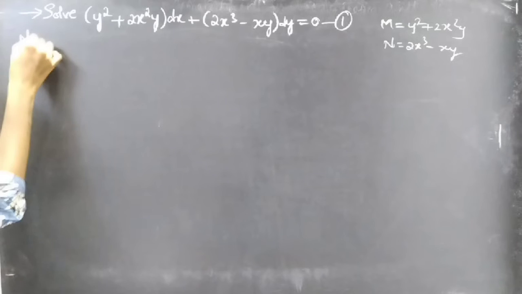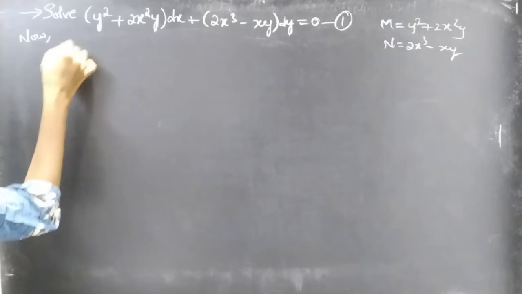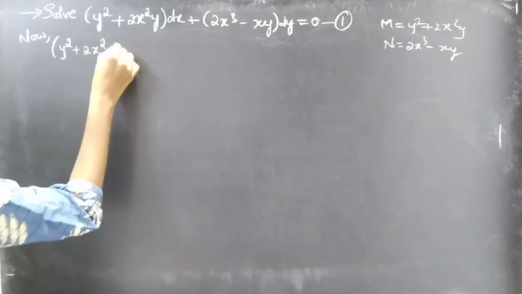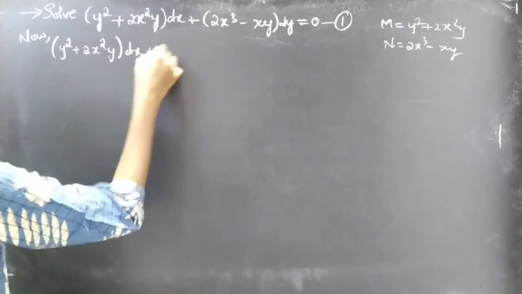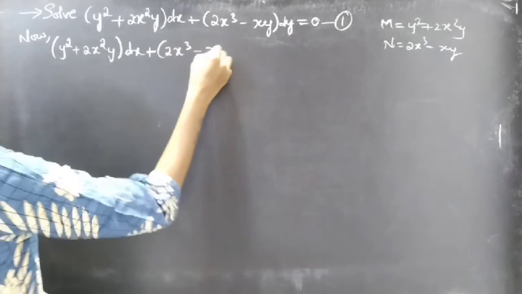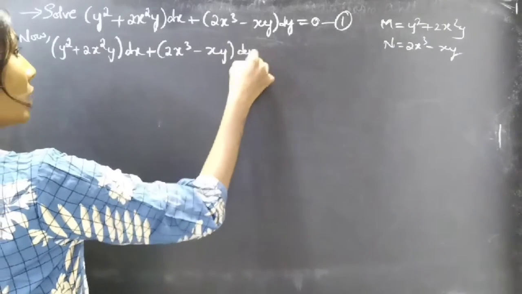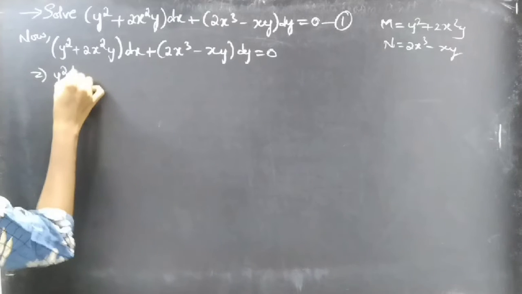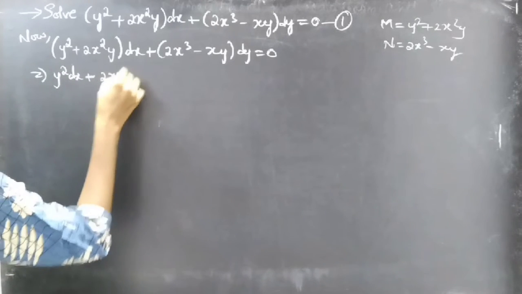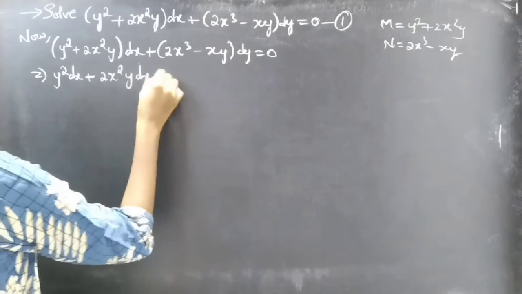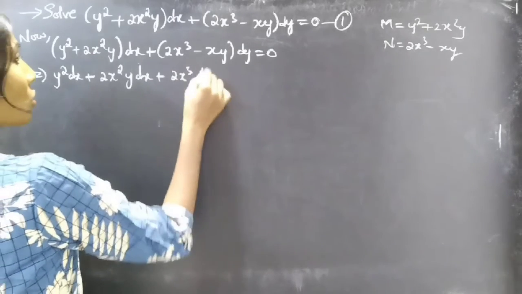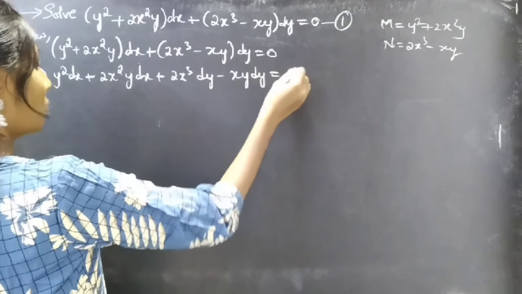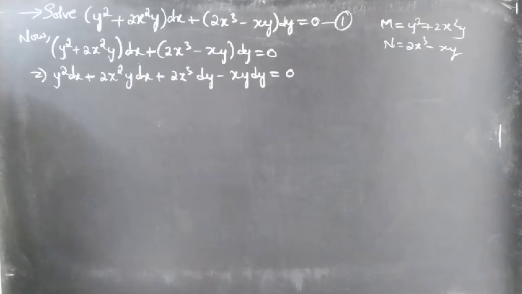Now, just consider the given differential equation (y² + 2x²y) dx + (2x³ − xy) dy = 0. We can write this as y² dx + 2x²y dx + 2x³ dy − xy dy = 0.